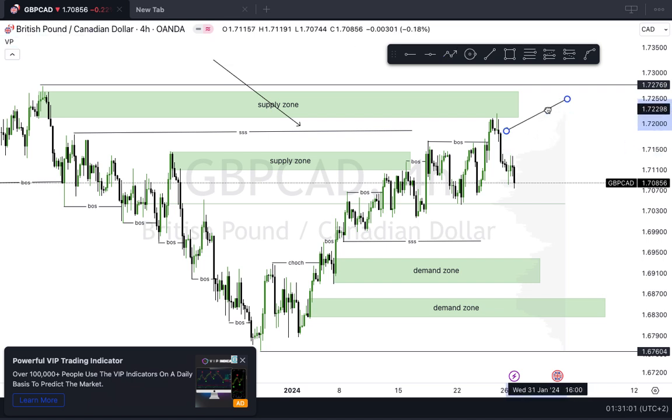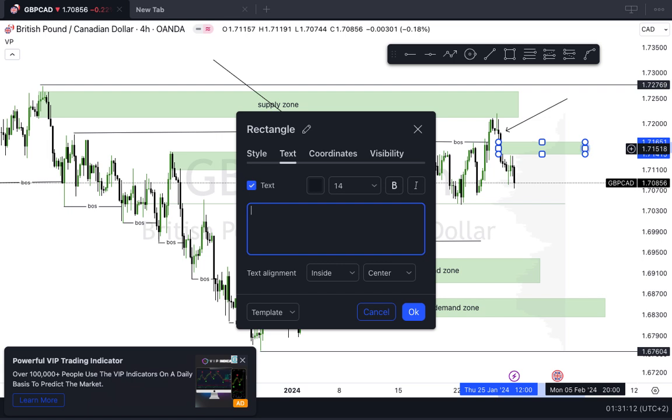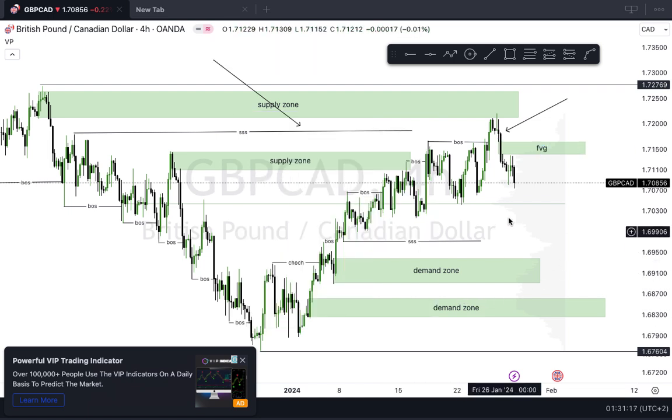That's our fair value gap. We have a fair value gap there, so we have to mark our FVG just like that, you understand. That's our FVG, which stands for fair value gap. So this is what we're expecting, guys, this week, this is what we're expecting, you understand.